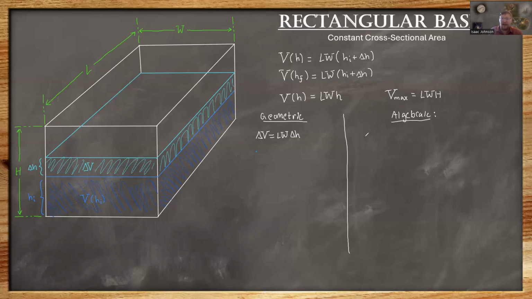But as far as the algebraic method, we're applying this change operation to the function, and there are a few extra steps. The change function always takes the final amount of everything minus the initial amount of everything.